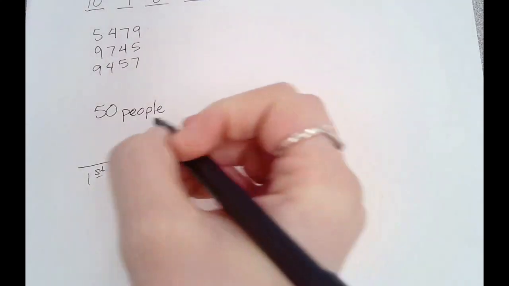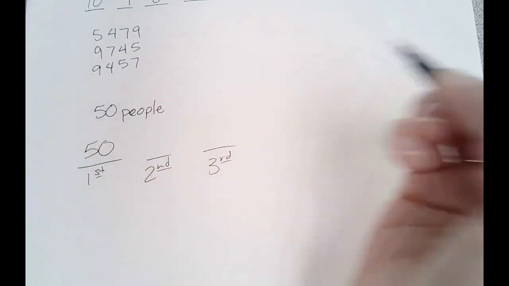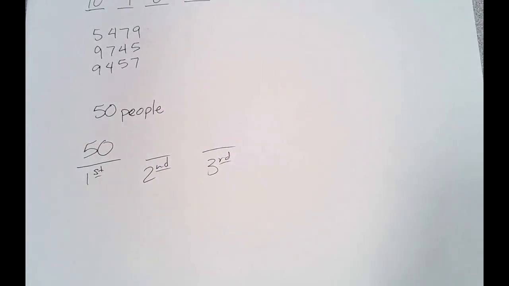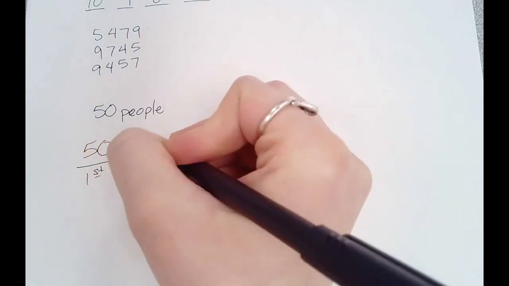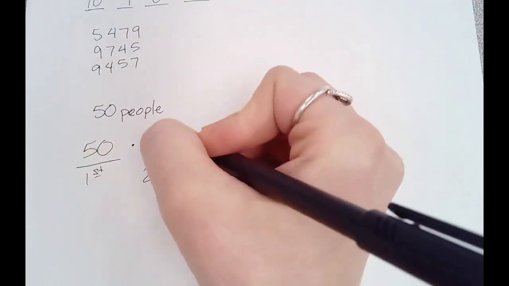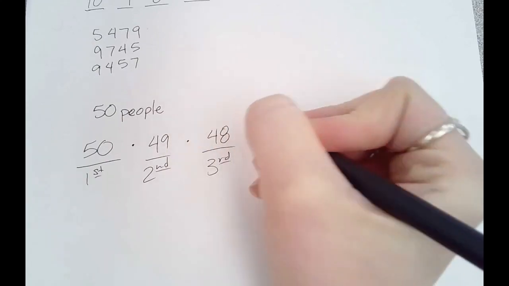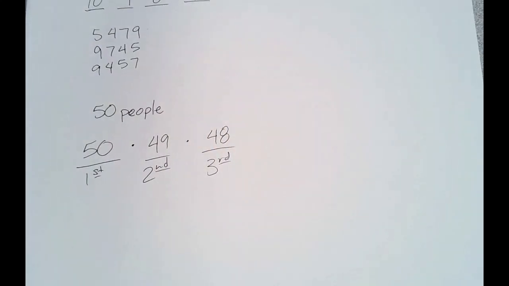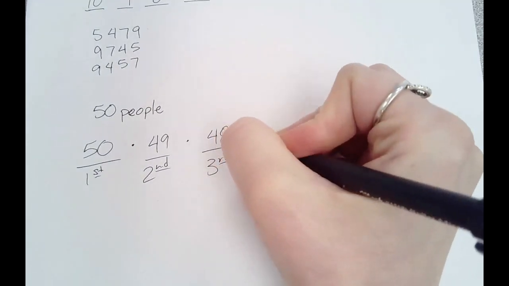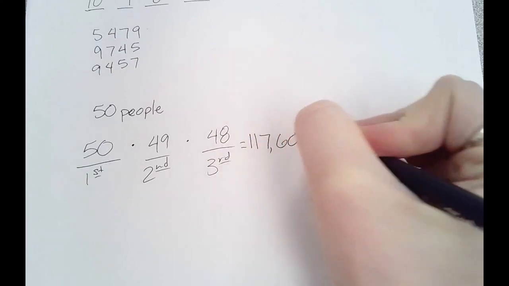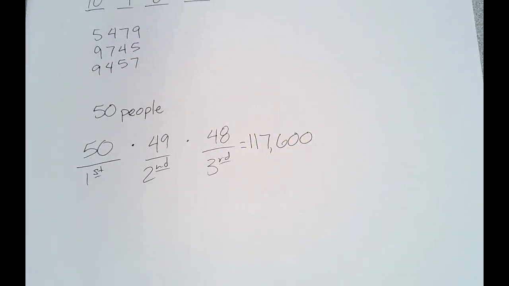There are 50 people who could possibly come in first place, assuming that they're all equally likely to win, I guess. Once someone comes in first, there's only 49 people left who could come in second, and only 48 people left who could come in third. So 50 times 49 times 48, and so we've got 117,600 different ways these 50 people could finish in first, second, and third place.